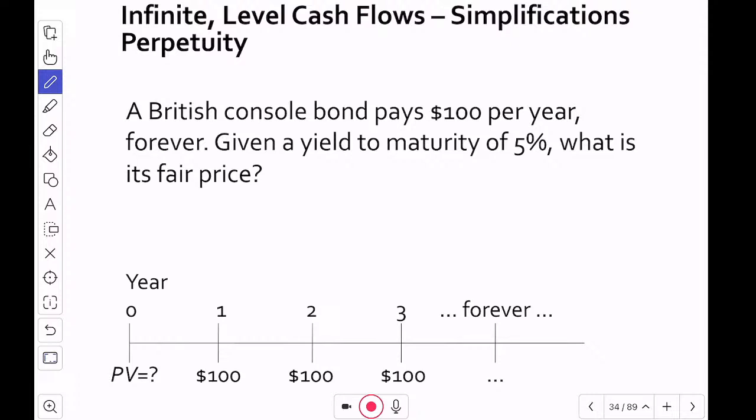So we think about $100 is received every year forever. And where does that come from? I'm going to use a different color. It comes from depositing an amount PV and earning 5% on the deposited amount.